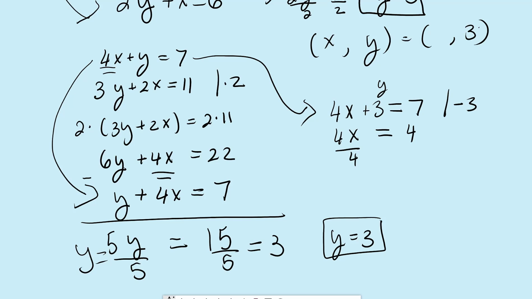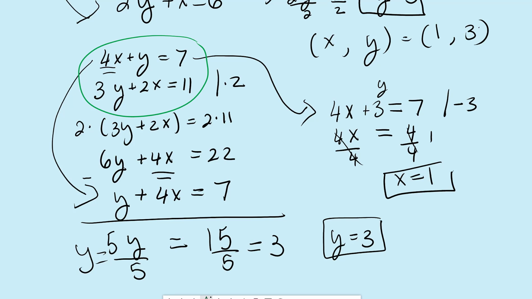If we divide by 4, we get x equals 1. So our solution is 1 for x and 3 for y. And you can take the time to check that the solution does solve both these equations. So these were our original set of equations, and you can check that they solve it.